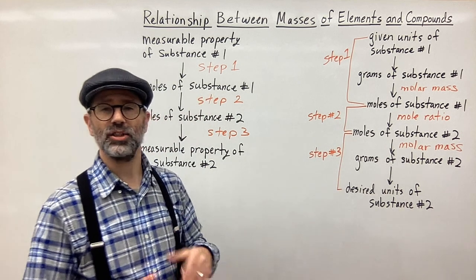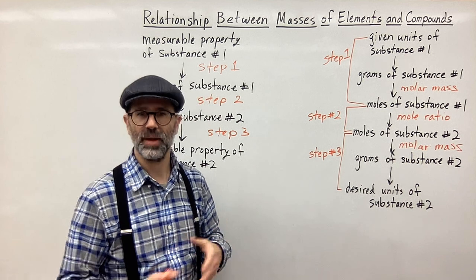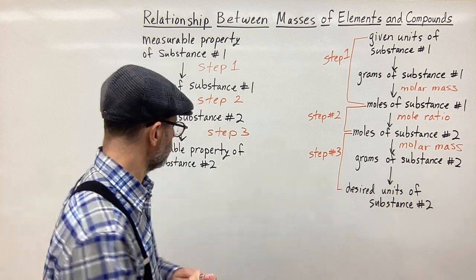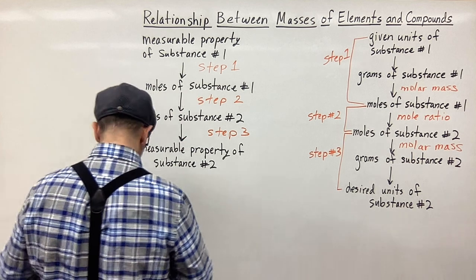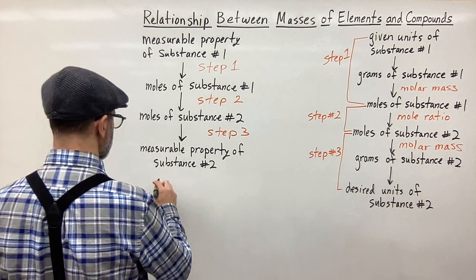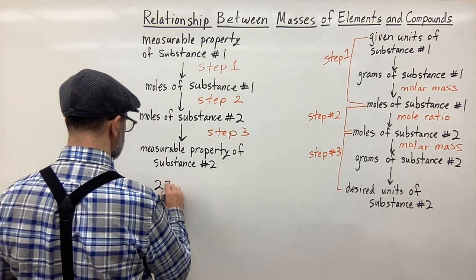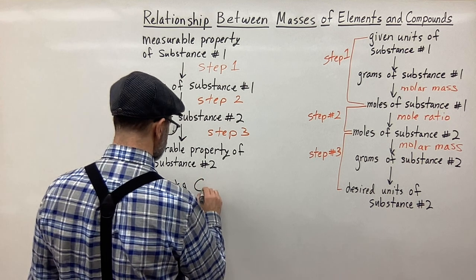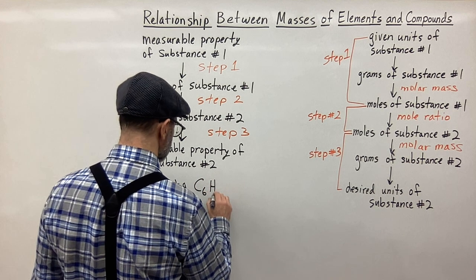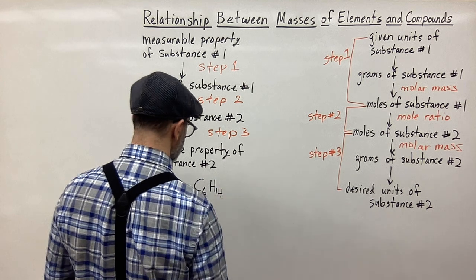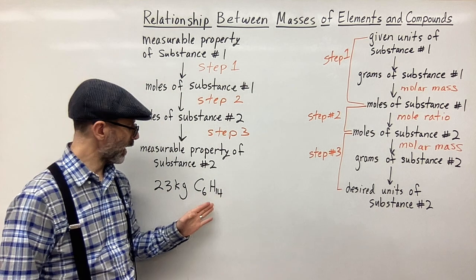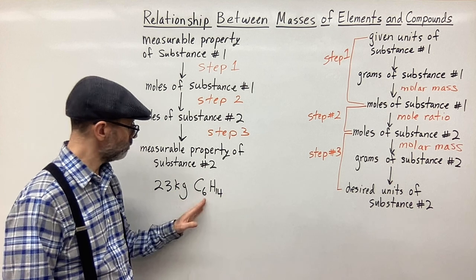So let's do an example so it's clear what I'm talking about. Let's say they give me 23 kilograms of C6H14. So here I have hexane.